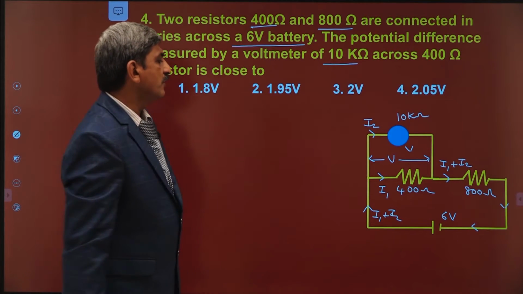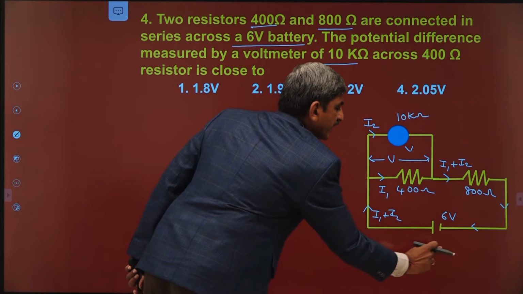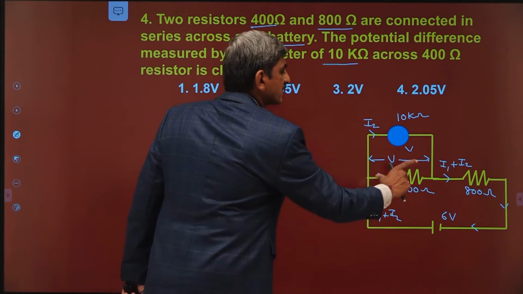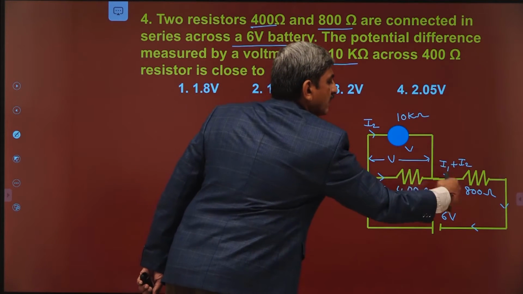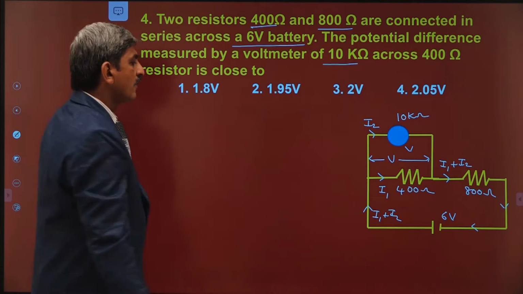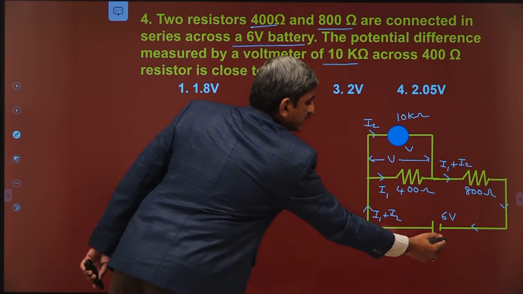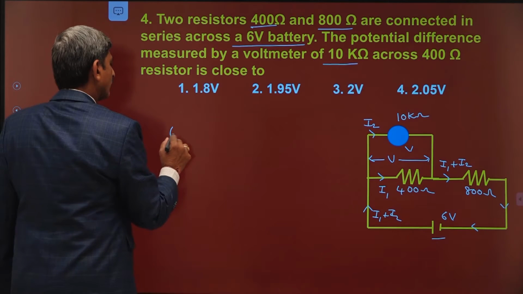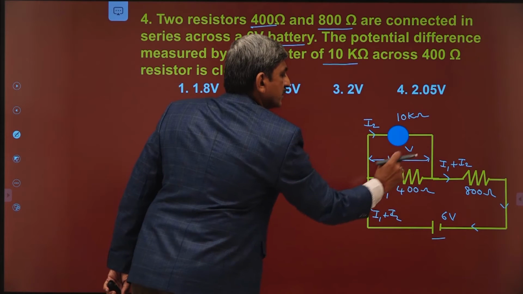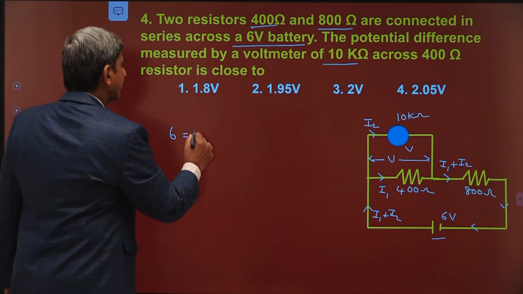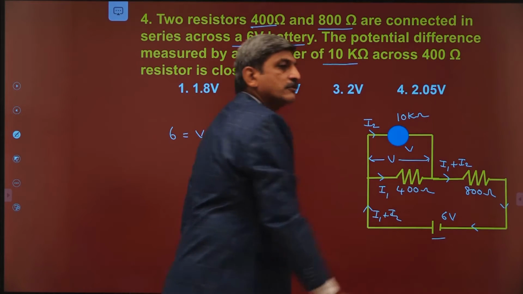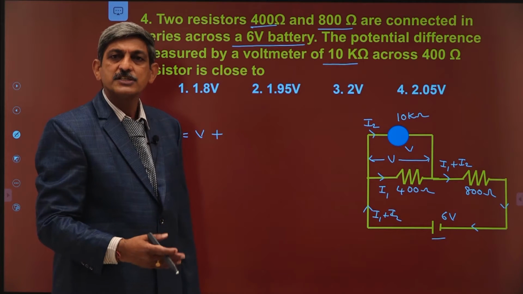Now, by seeing this circuit, we can say that the total potential difference applied across the circuit, that is 6 volts, is distributing into 2 parts. One part is across this combination and one part is across the other. By applying Kirchhoff's voltage law, we can write the applied voltage 6 volts is equal to the potential drop across this combination, which is taken as V, to be determined, plus the potential drop across the 800 ohm resistance, given by V is equal to IR.